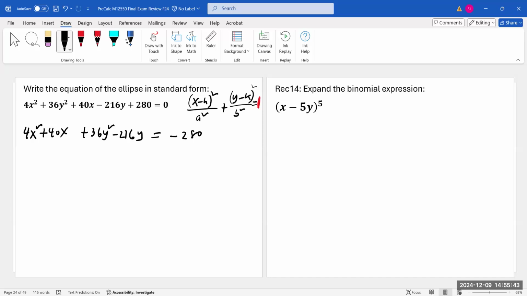So before we complete the square, we need to have our x squared term alone. That means we need to take out 4 as a common factor from the x's, and we need to take out 36 as a common factor from the y's.